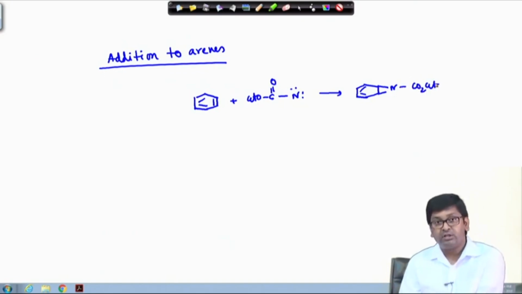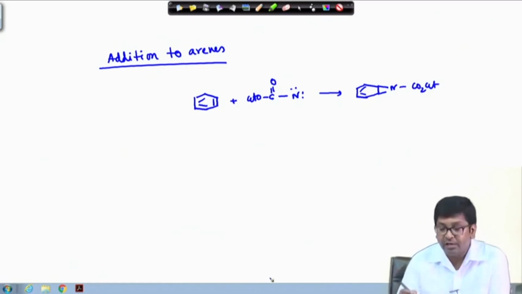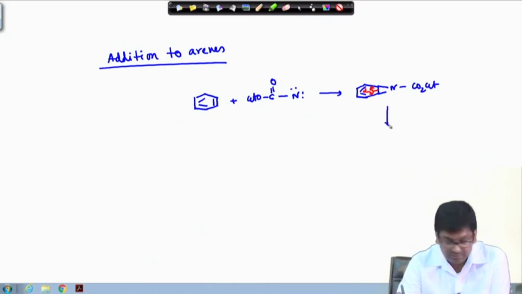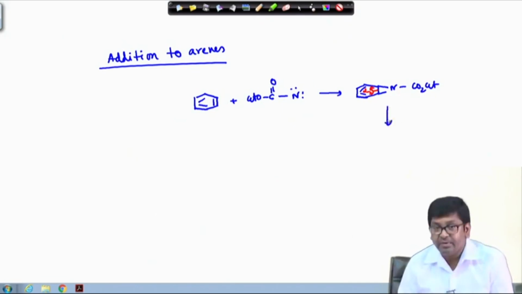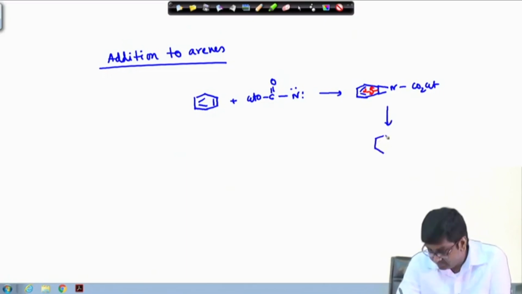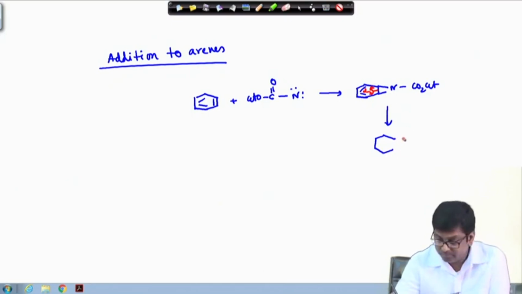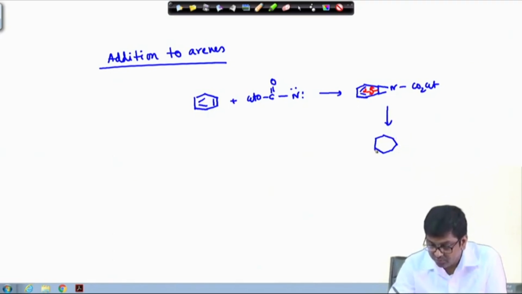Then the corresponding electrocyclic ring opening will happen in this way. Once this electrocyclic ring opening happens, this will give the seven-membered azepine ring. So, 1, 2, 3, 4, 5, 6, 7.